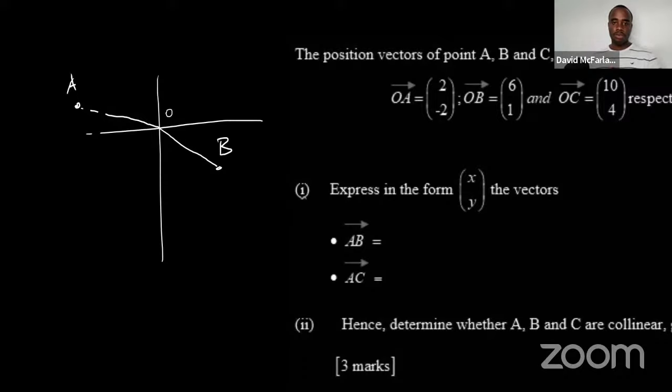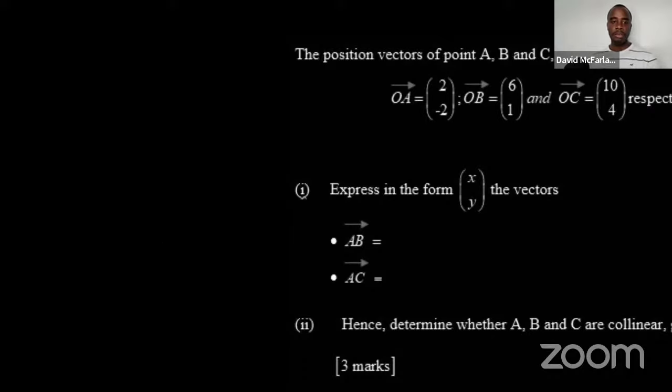If we're talking about a vector AB, it means we could go to our midpoint. So we could go from A, let me put A here, to our midpoint, so A to O. And then we could go from O to wherever B is.